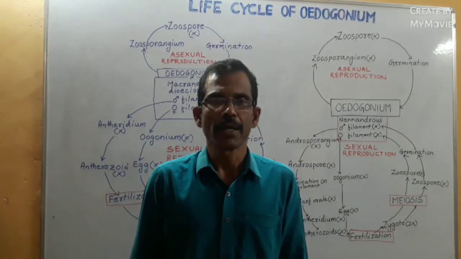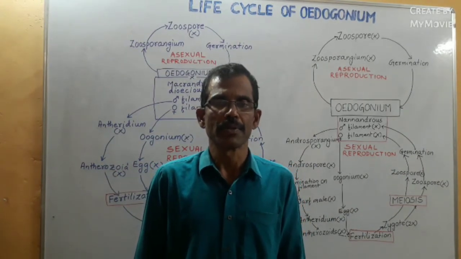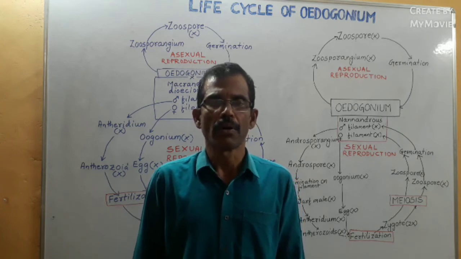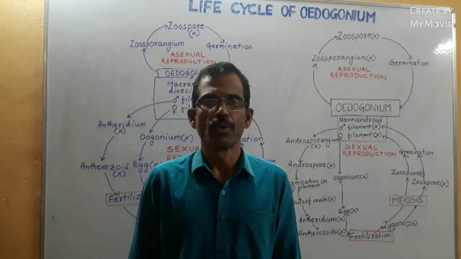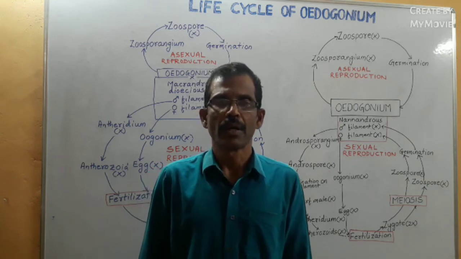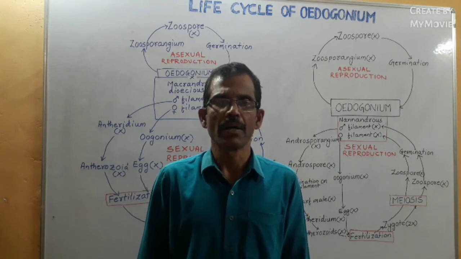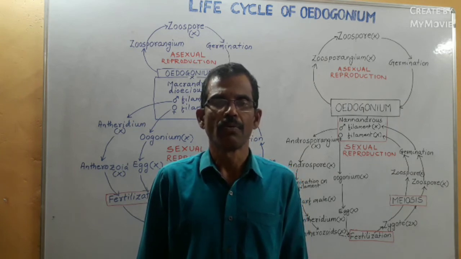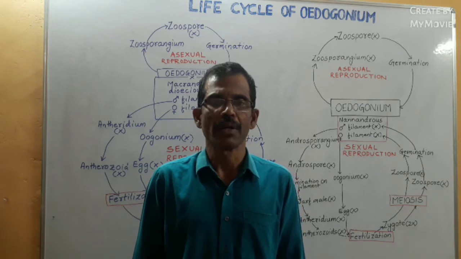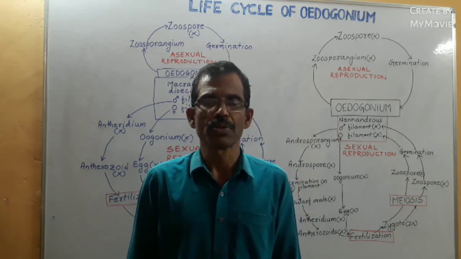Now the life cycle of Nannandrous species. In Nannandrous species, antheridia are borne on short filament known as dwarf male or nannandrium. Nannandrous species are divided into 2 different groups. One is Gynandrosporous species and other is Idioandrosporous species.